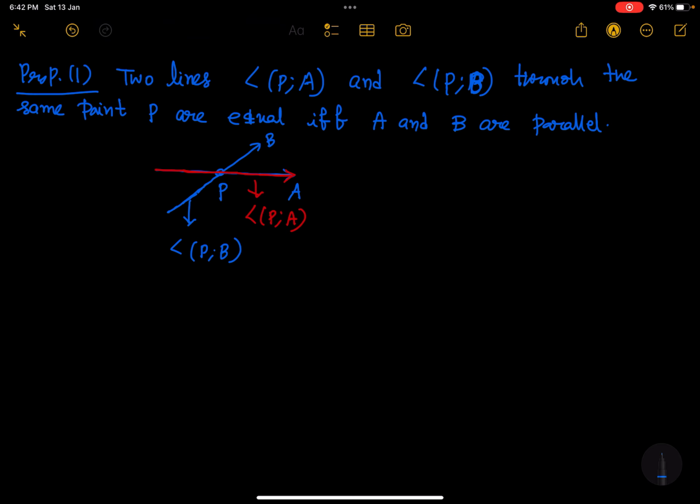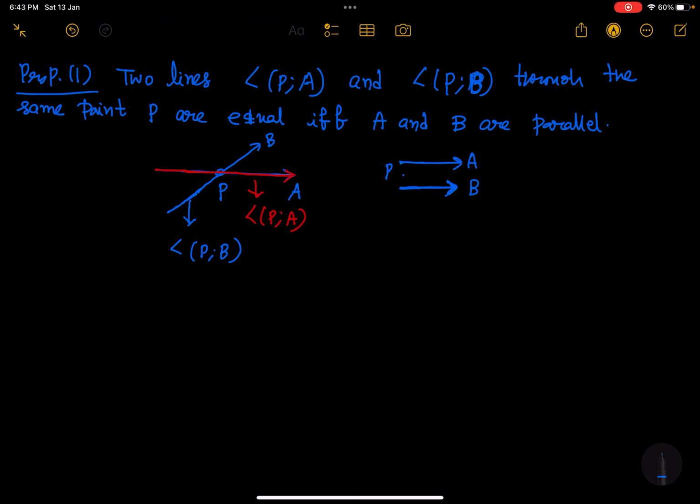At least from the picture it is clear: if A and B are parallel, like this, A is this, B is this, you cannot get two different lines passing through the same point P. And they cannot be equal if they are not parallel. So intuitively it seems fine.